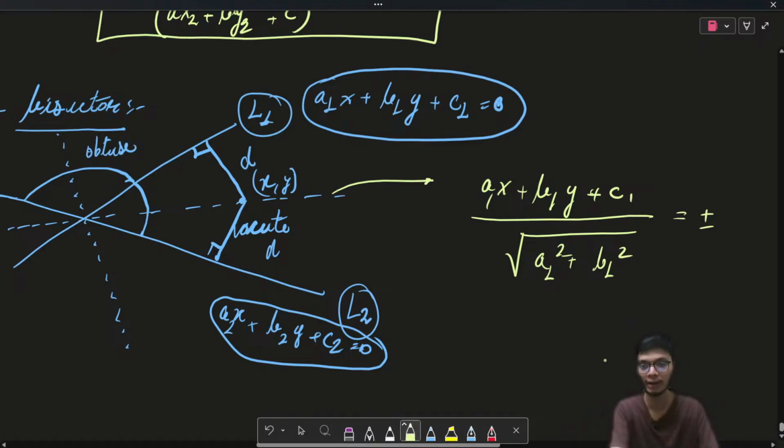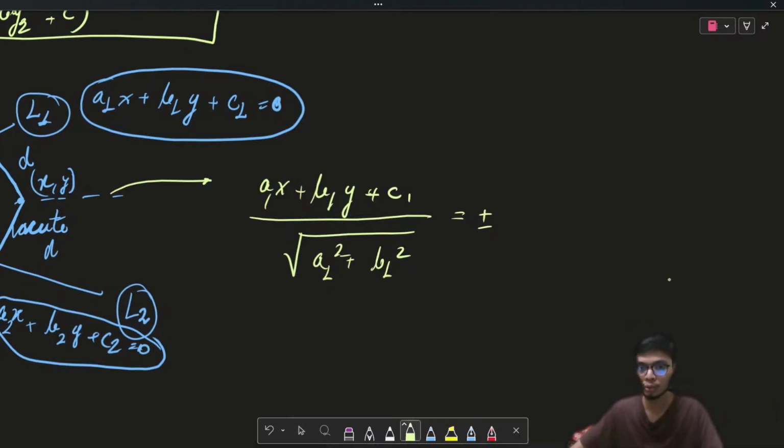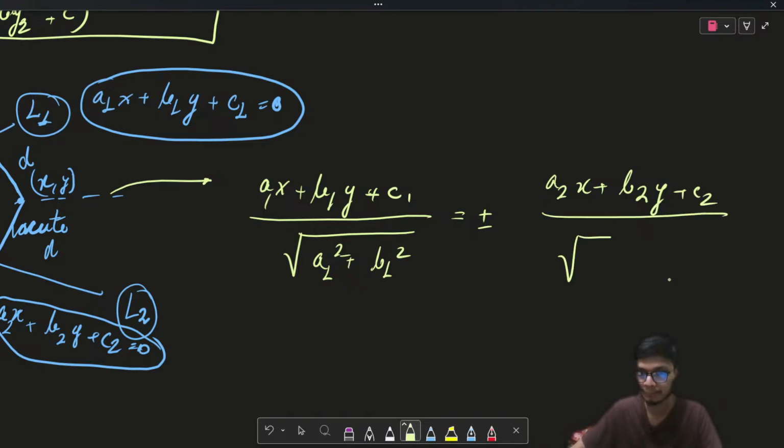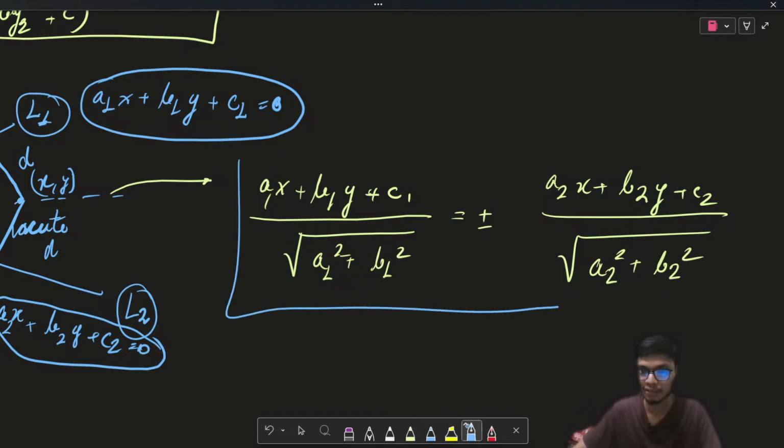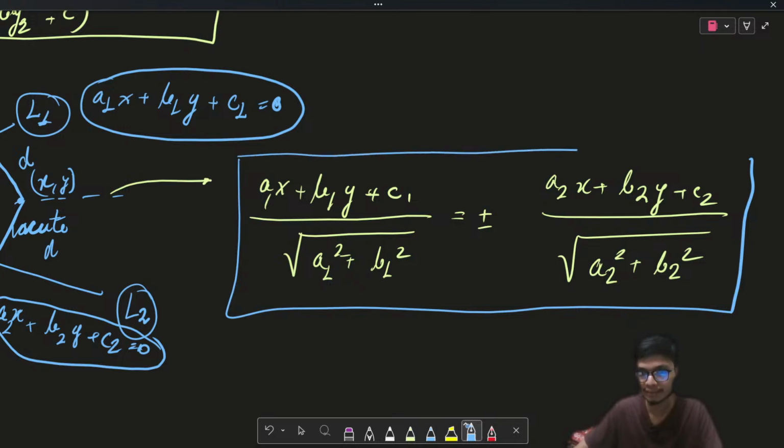Because this plus or minus sign will indicate my two bisectors. It might be an acute angle bisector or it might be an obtuse angle bisector. So this is the concept of the equation of the angle bisector, and this is how we are going to find it.